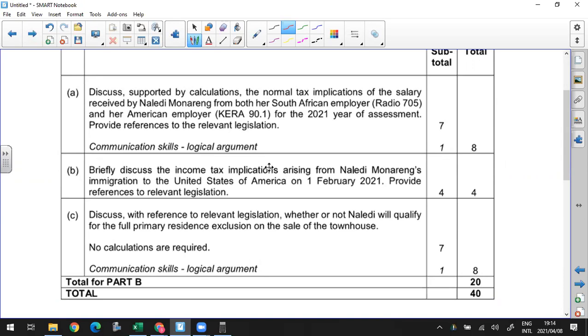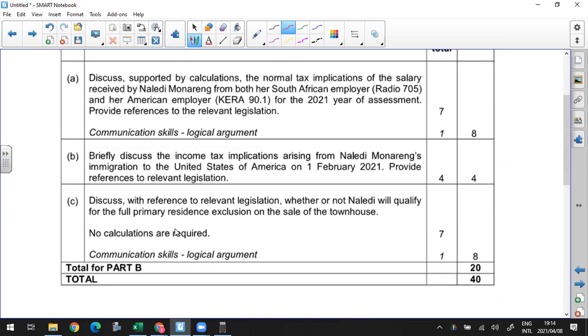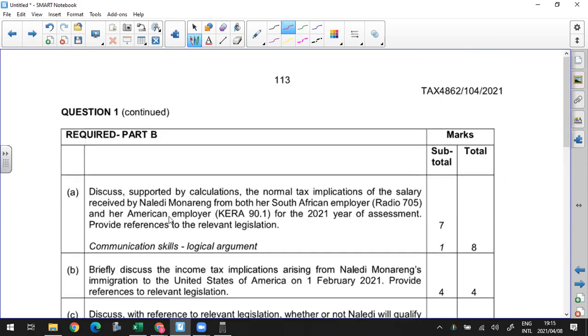B, briefly discuss the income tax implication arising from Naledi Monering's immigration to the United States. Provide references to legislation. And 3, discuss with relevant reference to legislation whether or not Naledi will qualify for a full primary residence exclusion on the townhouse. Okay, so we need to cover all of those.